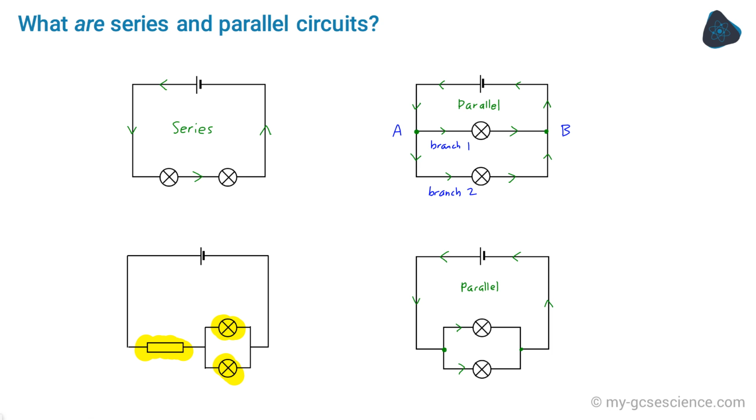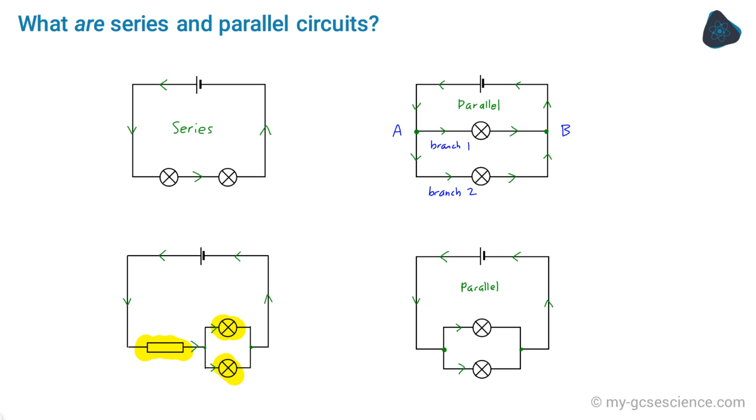Our current as always comes out of the positive end of the supply, goes down here like so, then through this resistor. Now when it gets to this point, it has two options. Some of the current will go through the top bulb, some will go through the bottom bulb. It will then meet again at this point, and the current will then travel upwards and then left into the negative terminal of the cell as shown.